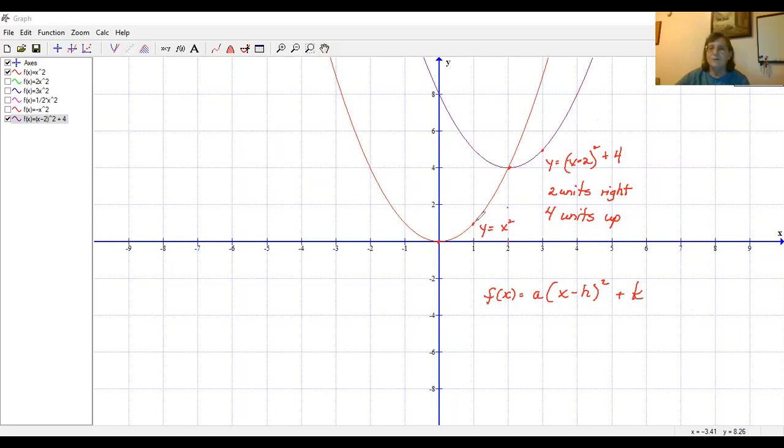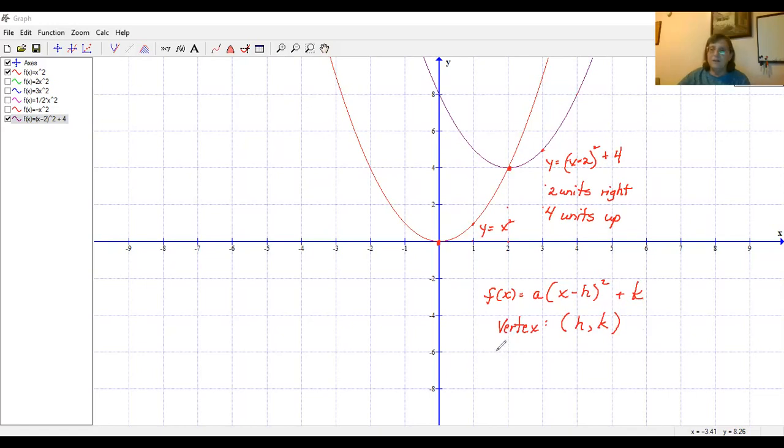We're counting by 2's going up, so 1, 2, 3, 4 units up. So the vertex, this turnaround point, of any quadratic equation written in this form is going to be at the point h, k. It'll be the opposite direction for the h, because it's on the inside, and then k. Change the first sign, keep the next.